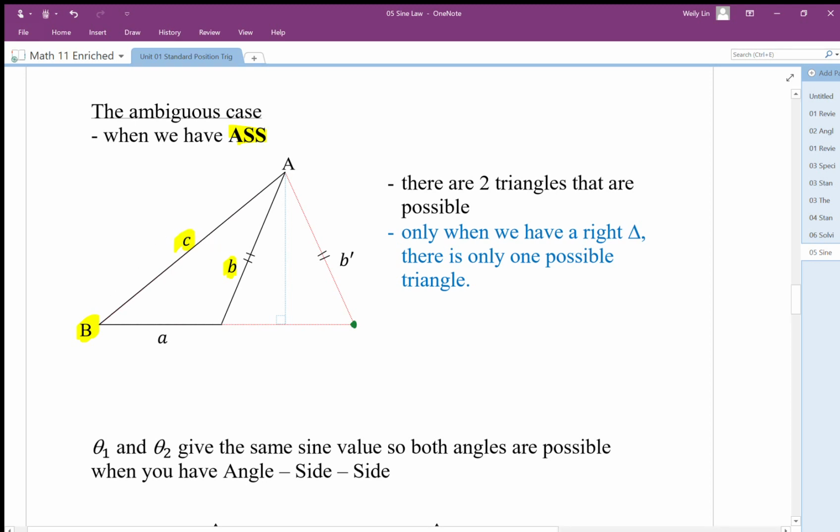Now this does not occur when we have two angles and a side. So when we have two angles and a side and we use the sine law, we don't have to worry about this. However, when we have two sides and an angle, this issue can happen, because we don't have the two angles. Given two angles, we fix the shape of the triangle. Given just the two sides and an angle, we don't fix the shape of the triangle, which means that there are two possibilities.